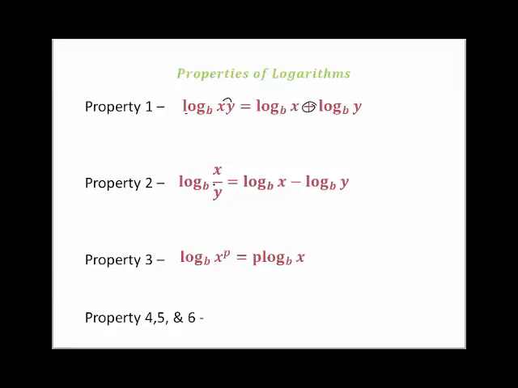All right, let's put some numbers with it. That always helps. So we'll take the log of 35. Now, 35 is what two numbers multiplied together? We would say 5 times 7, right? 5 times 7 equals 35, yep.